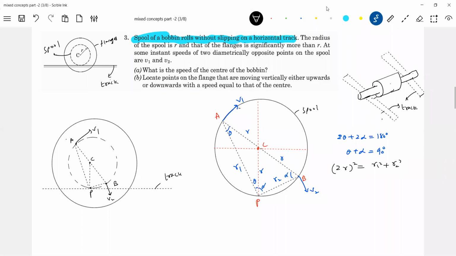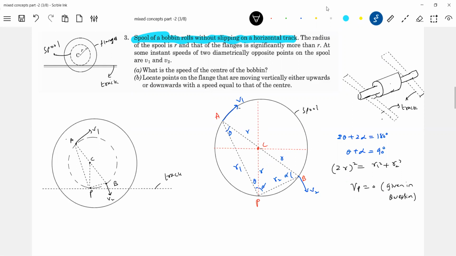The question says the spool of a bobbin rolls without slipping on a horizontal track. Without slipping means what should be the velocity of point P? It should be 0. It is given in the question, so you should not blame me, teacher. The velocity of point P will be 0.